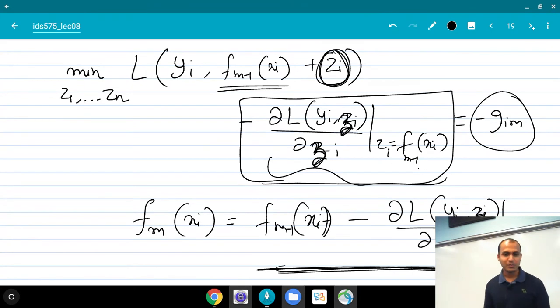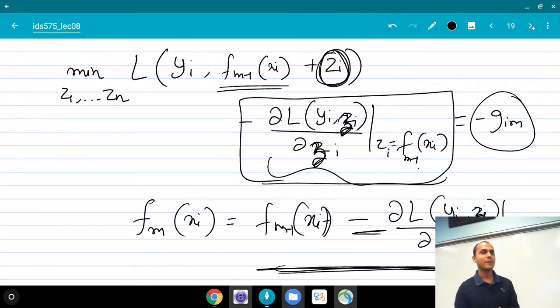That's the key part of gradient boosted decision trees: we take a gradient step at the current function fm minus 1. I take the gradient with respect to that second argument and evaluate it at fm minus 1, and that tells me how to minimize my loss function. In fact, I'm doing a negative gradient step.